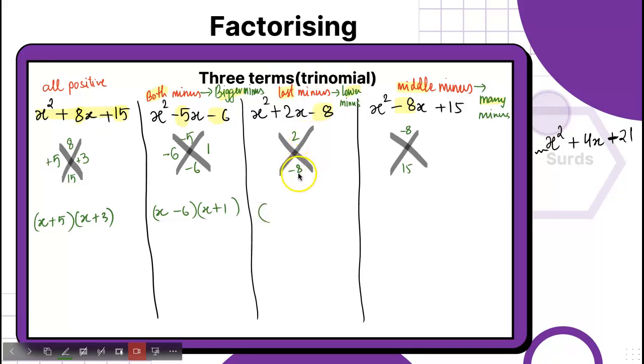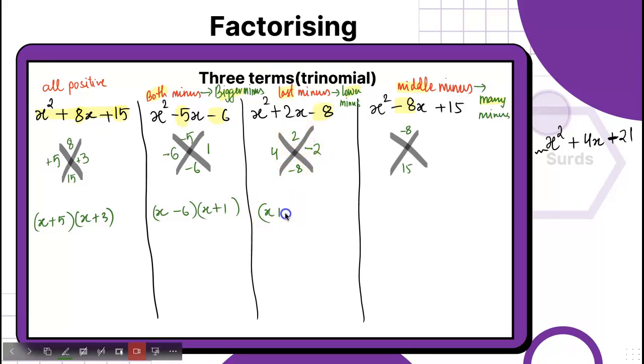When we have the last minus, lower minus. So 8 multiplies to give you minus 8 and adds to give you 2. So we can think of 4 and 2, and when you have last minus, that means lower minus, small number minus. So 4 times minus 2 gives you minus 8 and 4 plus minus 2 gives you 2.